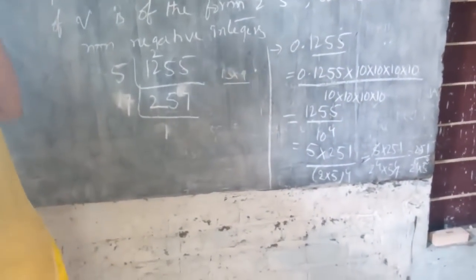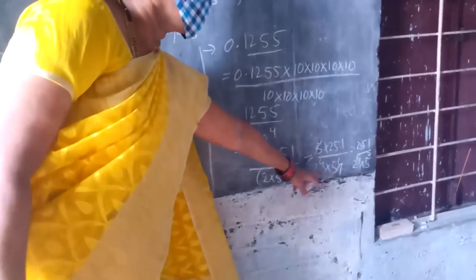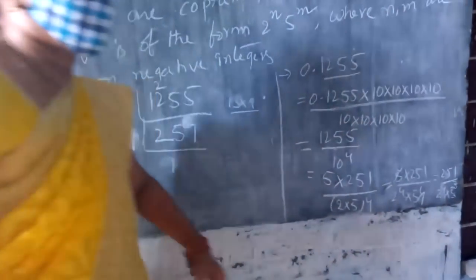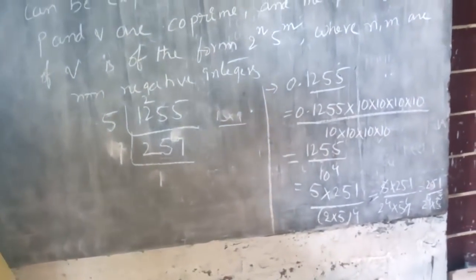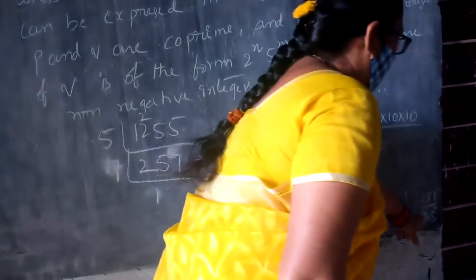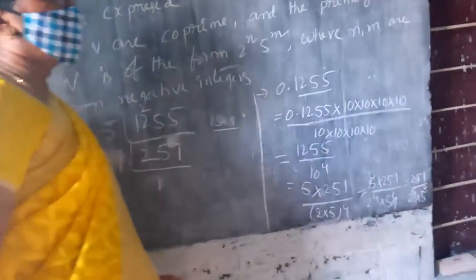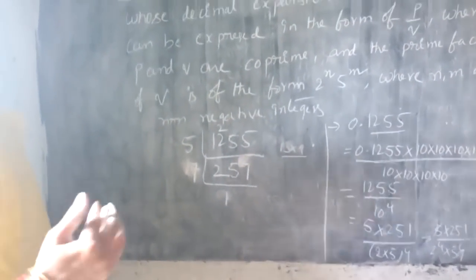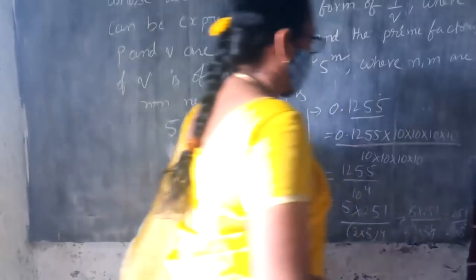So the decimal expansion in the form p by q, both are coprime numbers. 2 and 5 are prime numbers, and m and n are non-negative integers. Are you understood? Next, we go for theorem 1.4.